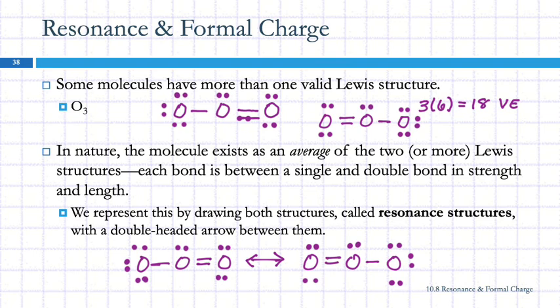The true structure is like an average of them, but this is the best we can do. We can't really draw it. I think some people put brackets around it, but they're not necessary. Yeah. So those are called resonance structures.